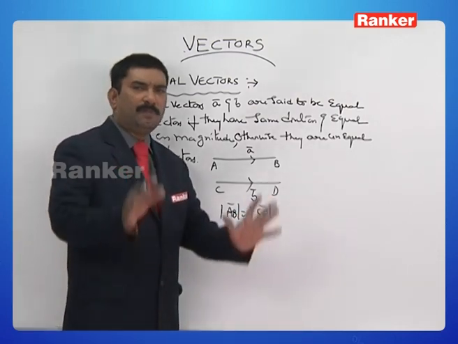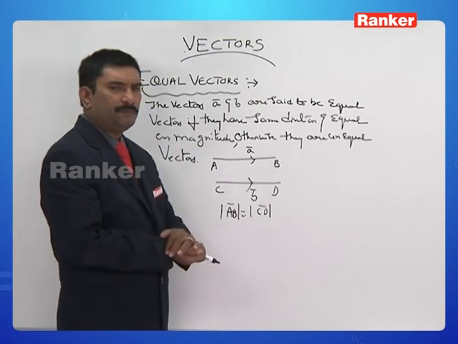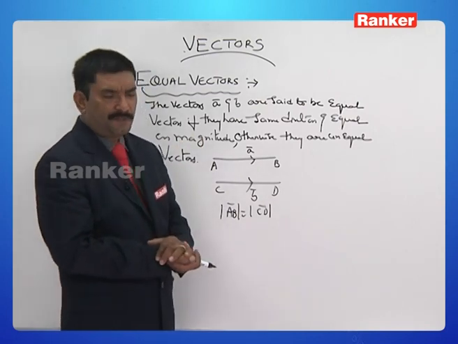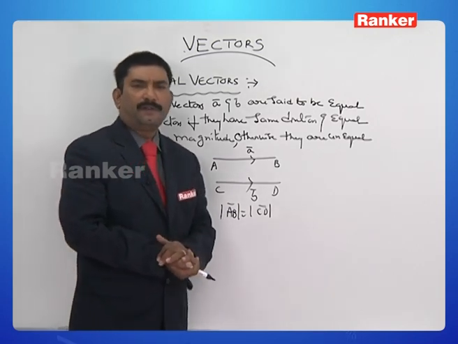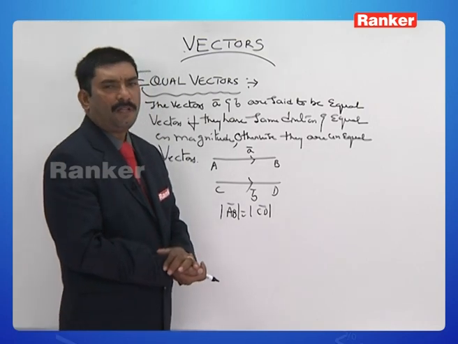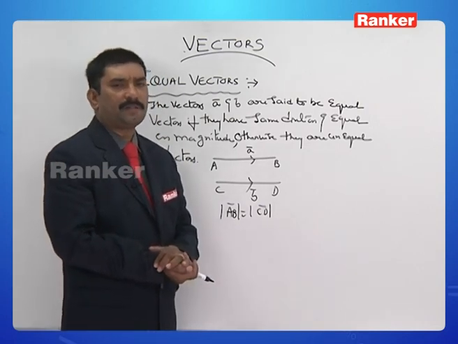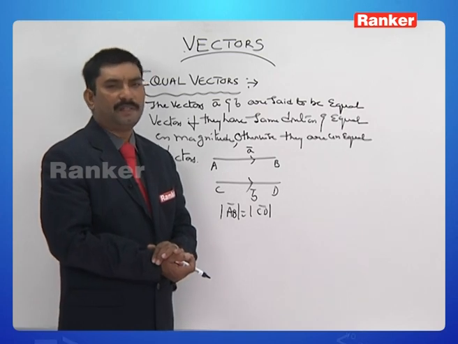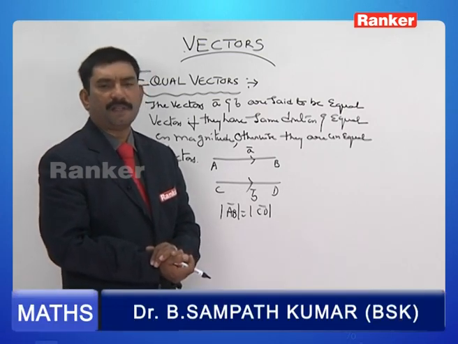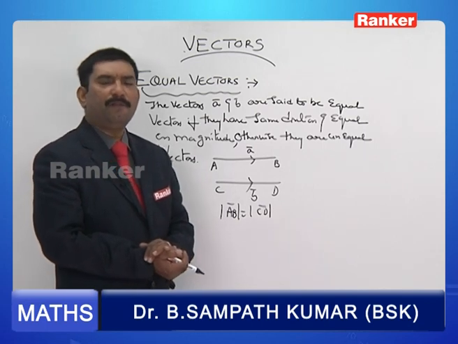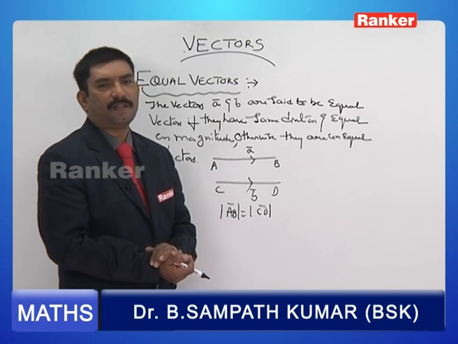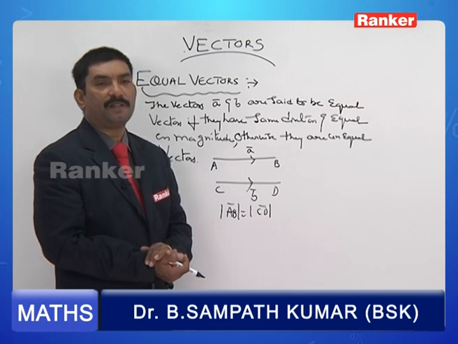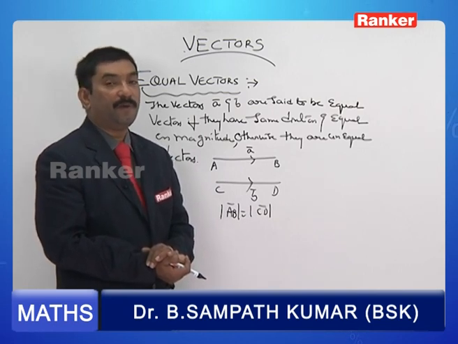Up to now we have come across several definitions, starting with vectors. A vector is a physical quantity having both magnitude and direction, for example velocity, acceleration, momentum, etc. Every vector is denoted by a directed line segment, which must have a direction, an initial point and a terminal point.